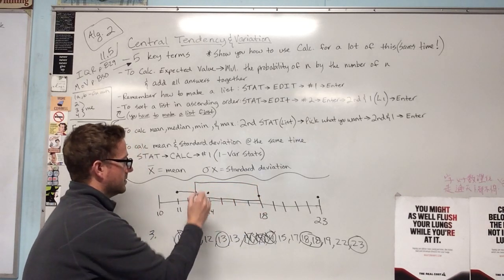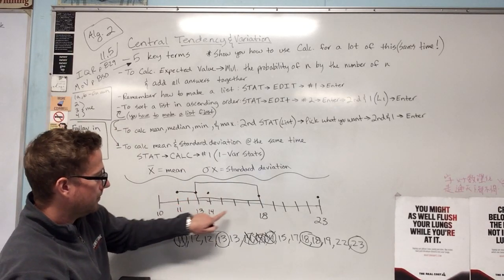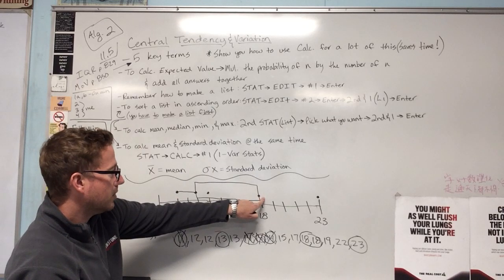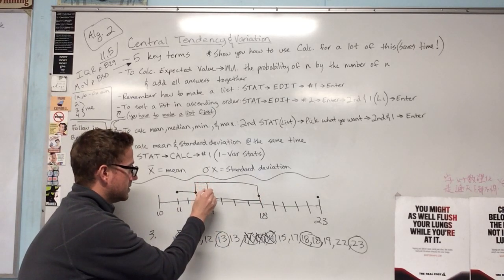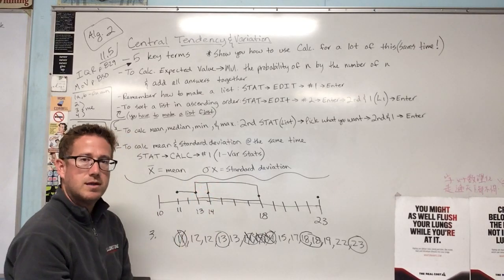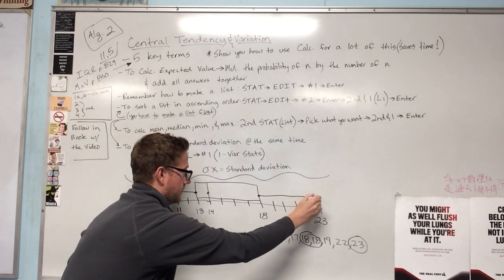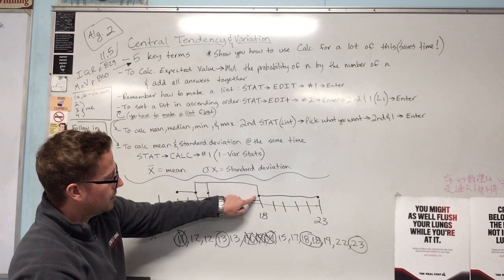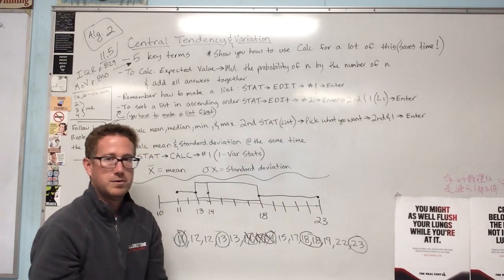And the box is created by going from the lower quartile to the upper quartile. And then wherever the median value is, you draw a line right through it. And we have our last whisker going from the upper quartile to the maximum value, which was 23.